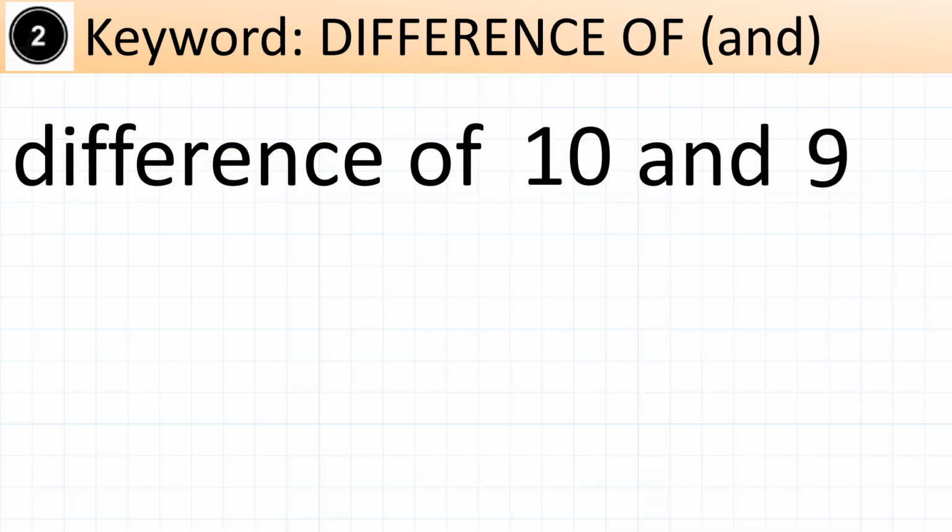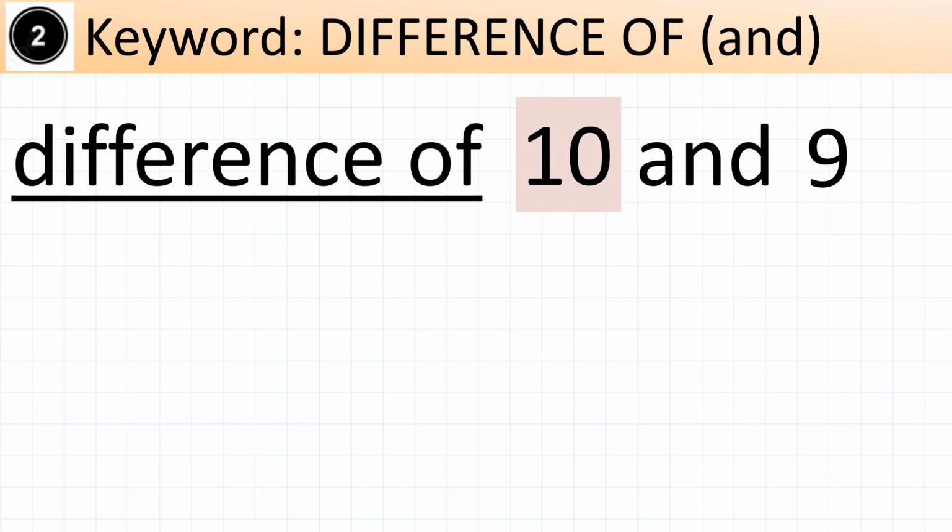Another keyword is difference of. Now, if you encounter this keyword, all we need to do is to subtract the two numbers. And instead of translating difference of to a minus sign, we use the word and. For example, difference of 10 and 9. There's a keyword, difference of, it indicates subtraction. So we're going to subtract 10 and 9.